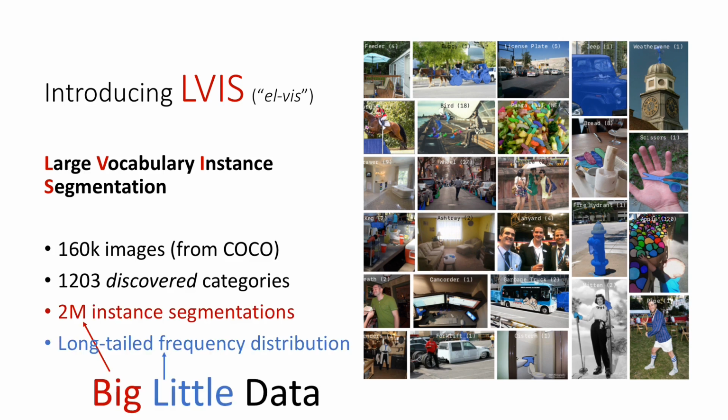I refer to this kind of data as big little data. It's big because it has a large number of annotated objects. In fact, it has 67% more annotated objects than COCO does. However, it's also little because there are a large number of categories that have relatively few training examples.